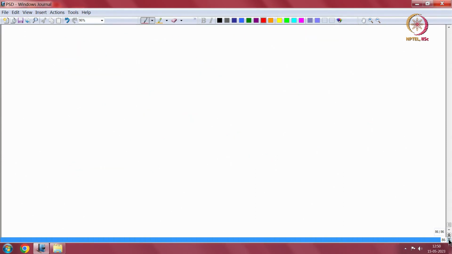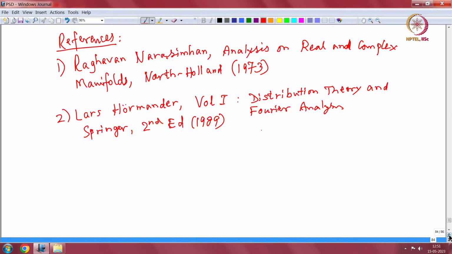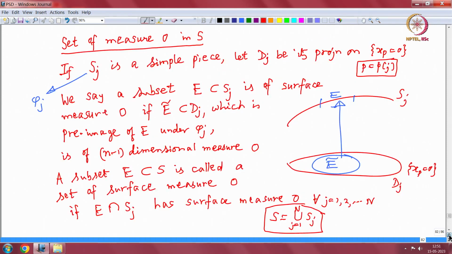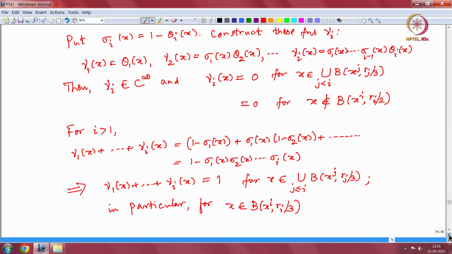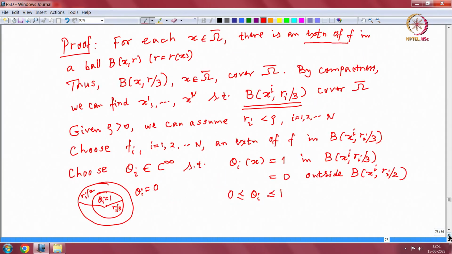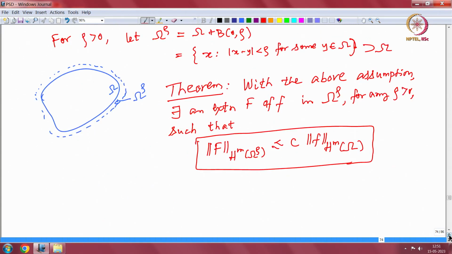Okay, so proof, this is only a sketch. So you have to fill in all the details here. I will just recall, in a previous class, under an assumption, this we in fact proved in detail. This is the theorem.